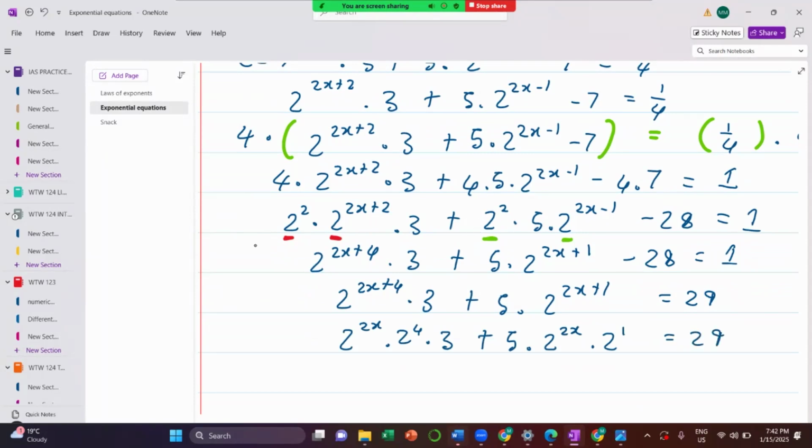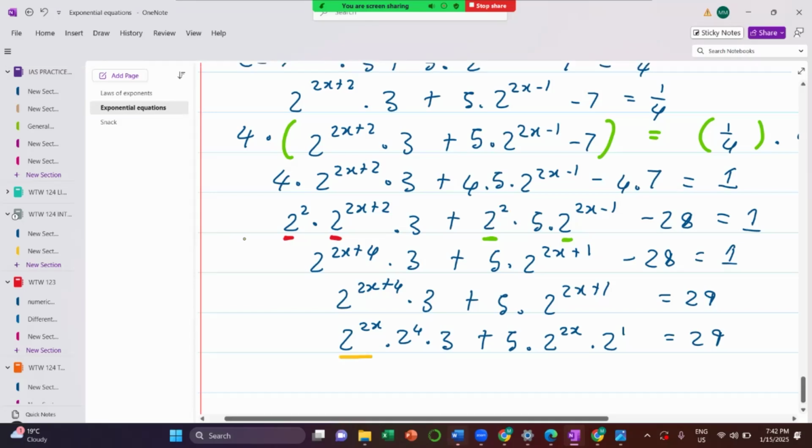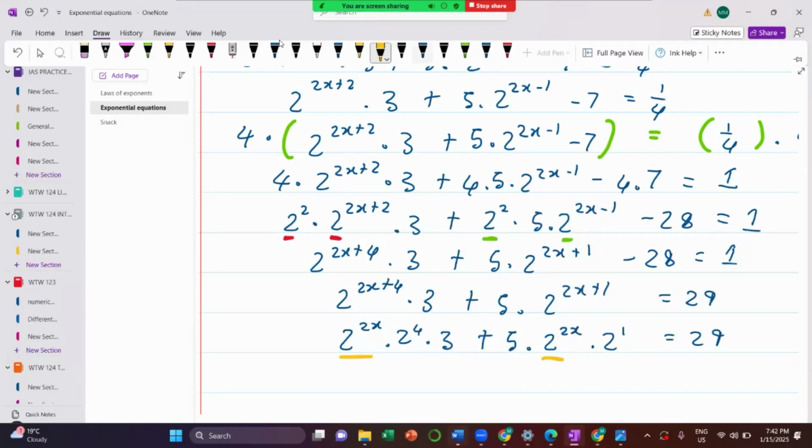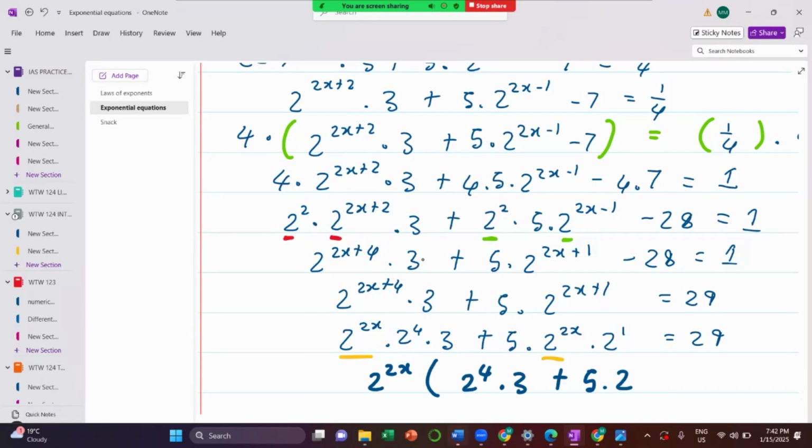29. And then I can notice that, oh, I have a common factor of what? Of 2 to the exponent of what? 2x, because I have an addition in between. So I'll take out that highest common factor and say, okay, I have 2 to the exponent of 2x, all into 2 to the exponent of 4 times 3 plus 5 times what? 2, all equal to what? 29, right?